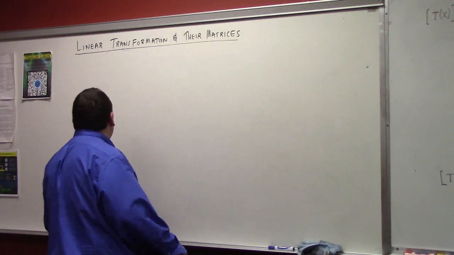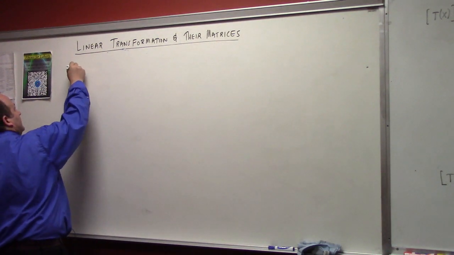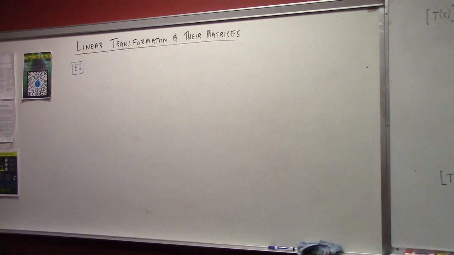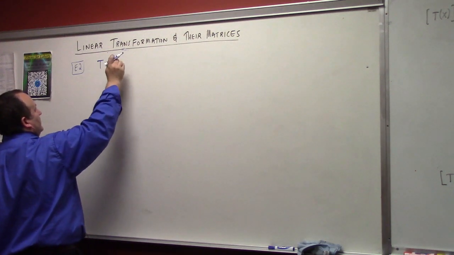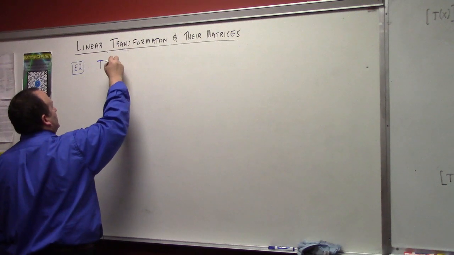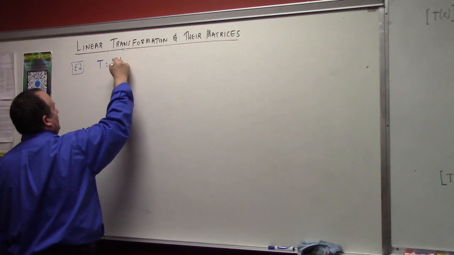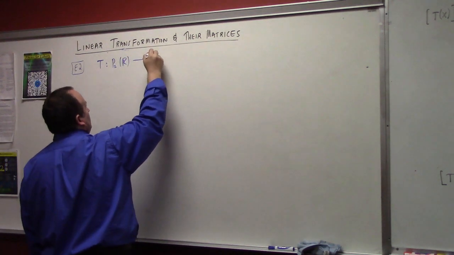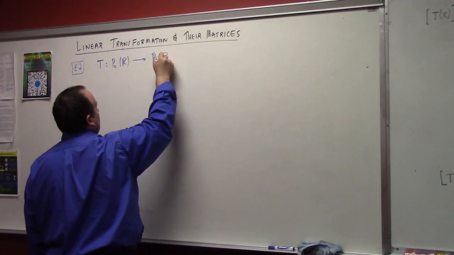Okay. Anyway, things get simpler in that case. Now here's an example. I guess this is example 2 because I did that other column example earlier. I didn't number it, but I should have. How about this? We could look at T, a mapping from, let's say, second order polynomials over the reals to, I'll keep it relatively simple, first order polynomials over the reals.